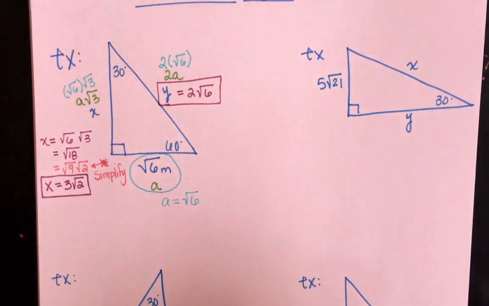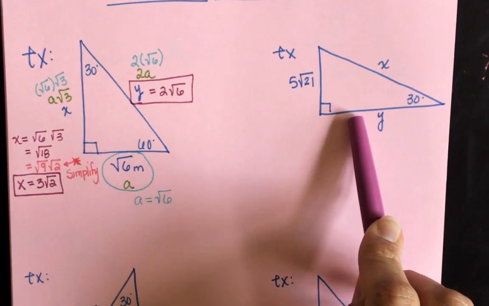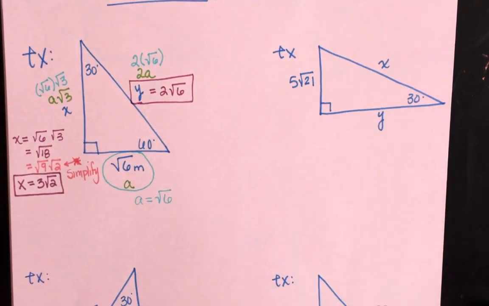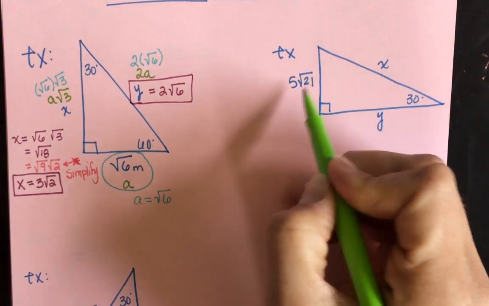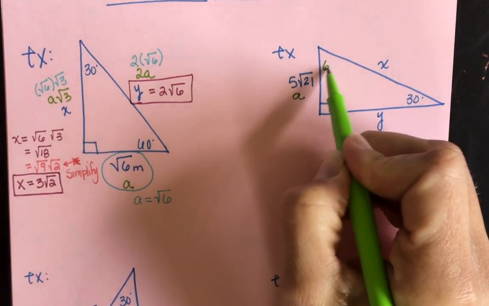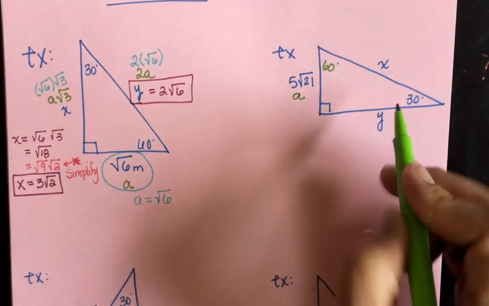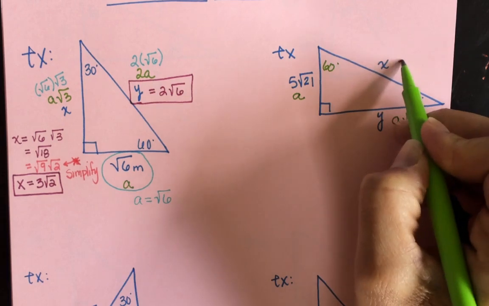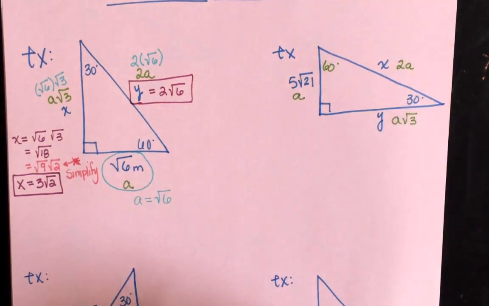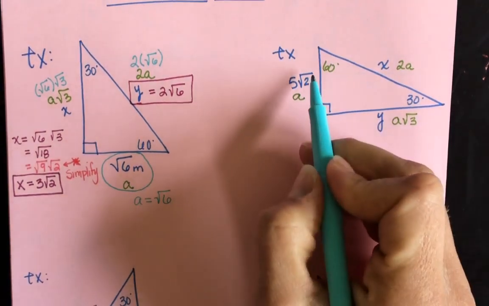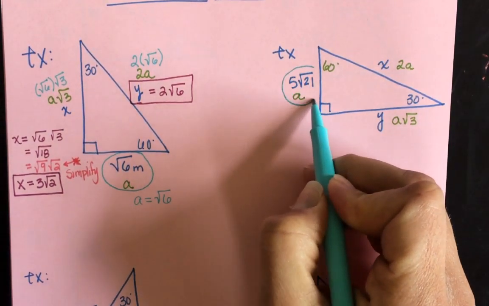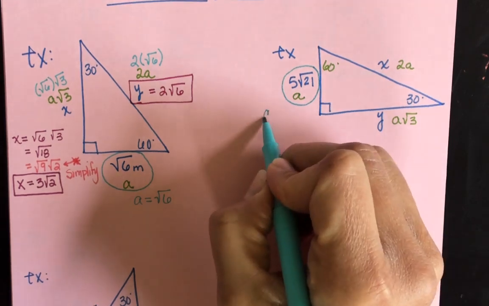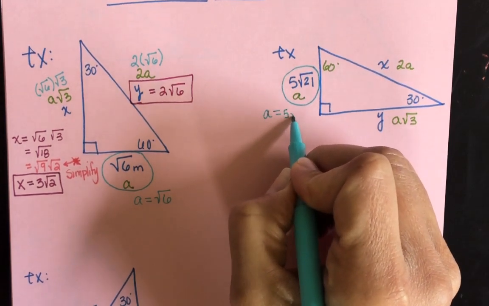So let's then go to the next one. Same idea, makes this easy because our formula: opposite the 30 is A, opposite the 60 is A radical 3, opposite the 90 is 2A. We are going to circle the side that has the formula and the given value, and that is set equal.